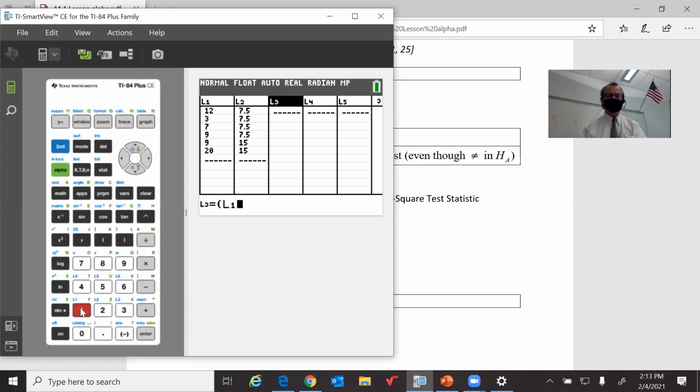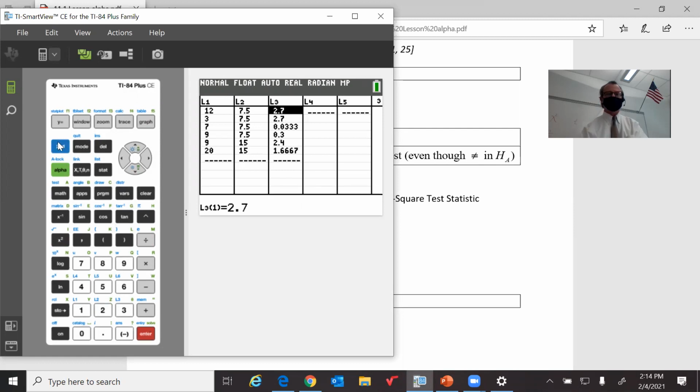Second 1, subtract second 2, we would square it. Now you could do this all in one step. You can then say divide that by second 2, because that was expected. And this is the algorithm that is on the PDF. Observed, take away expected squared, divided by expected.